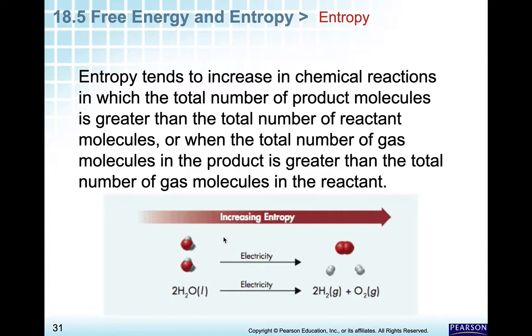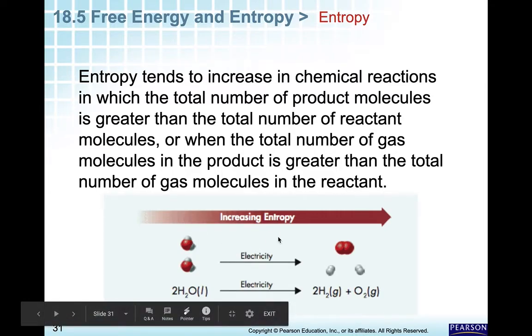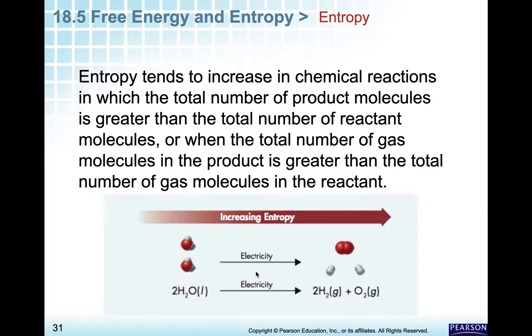So in this example, we've got a representation of the process of electrolysis, which is liquid water being split into hydrogen and oxygen gas by running electricity through it. We can see this process required an energy input. We had to input electricity. So it wasn't favored on that front.